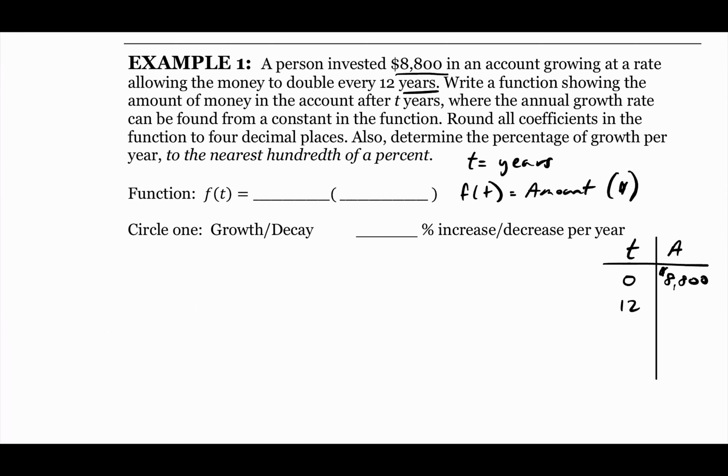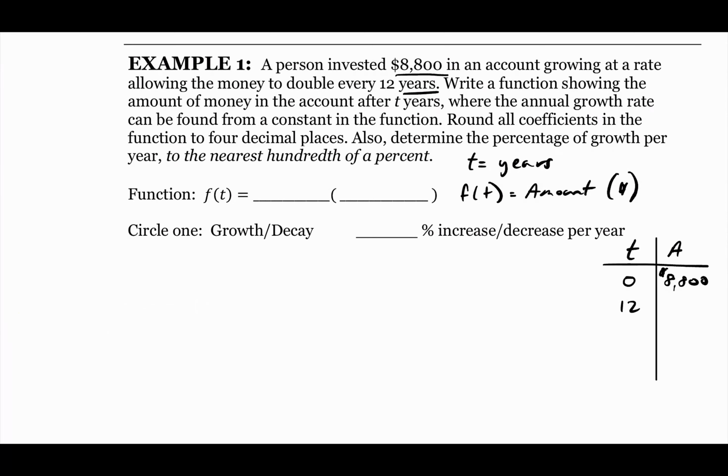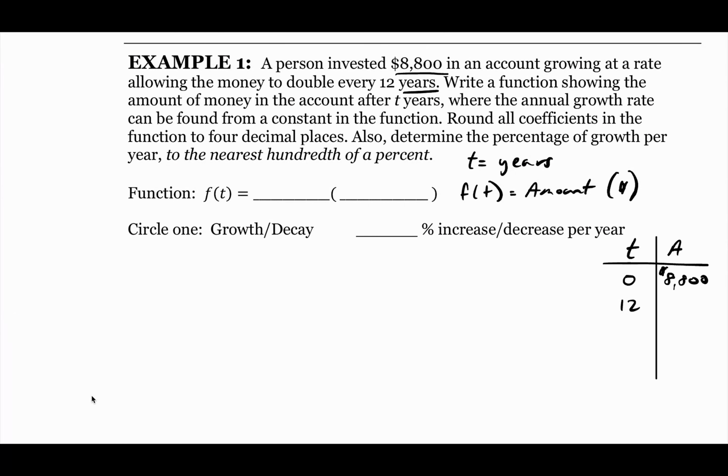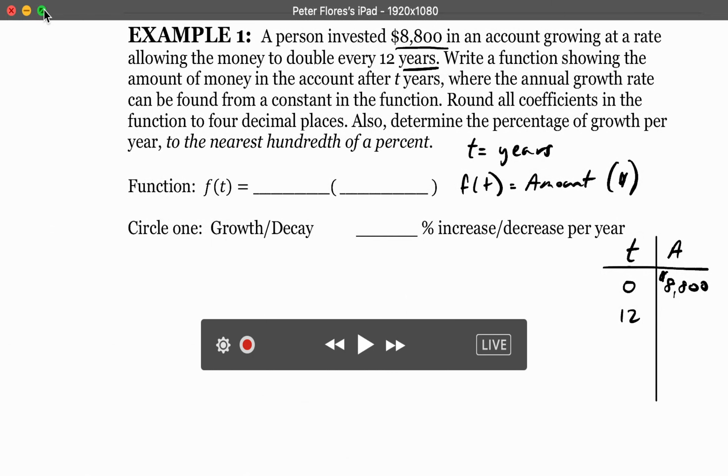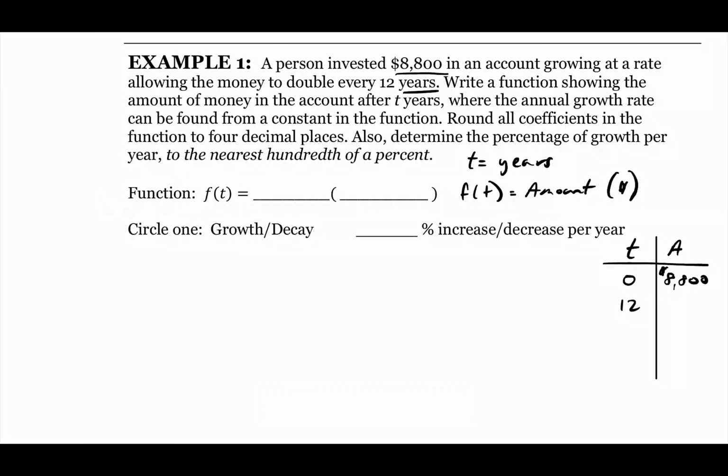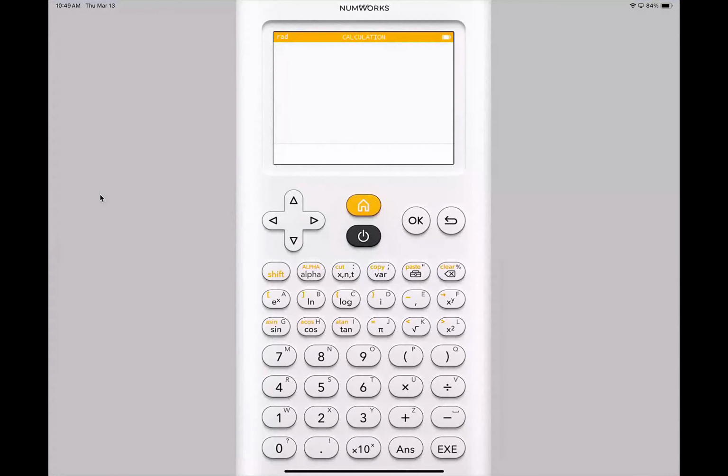So in 12 years, it's going to double. So 8,800 times 2, 17,600.